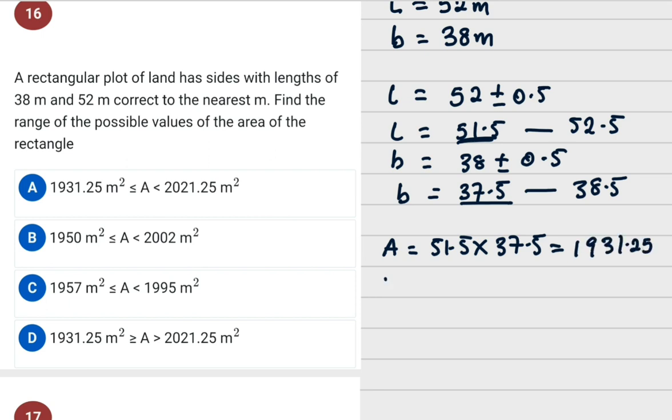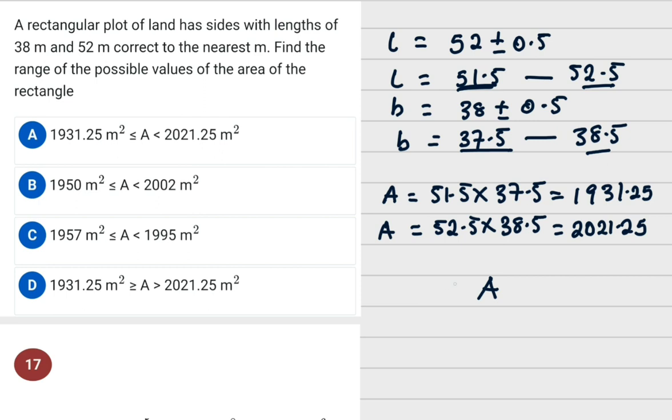Then once I pick the upper side, I'm going to have 52.5 times 38.5, and my answer will be 2021.25. Now combining it together, my A could be greater than or equal to 1931.25 and less than or equal to 2021.25. Now looking at it very well, you find out that my answer is A.